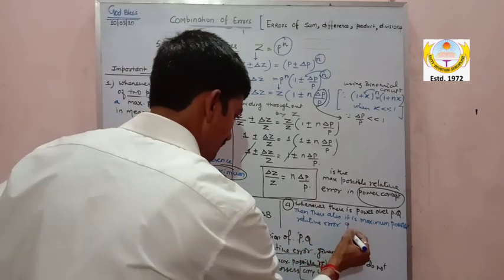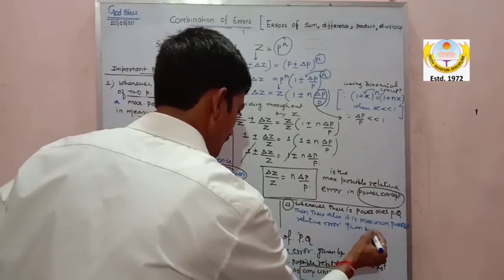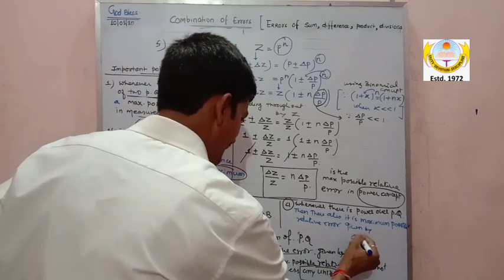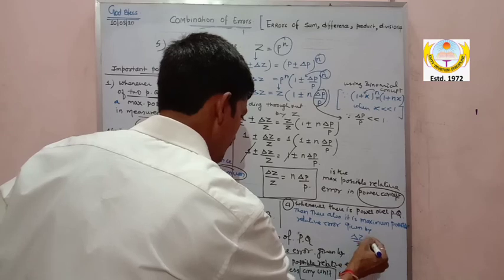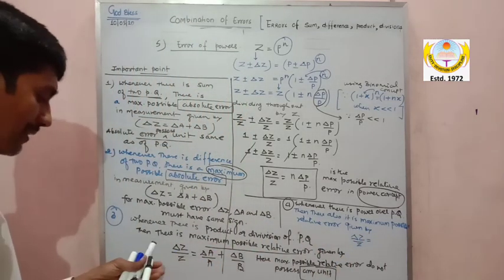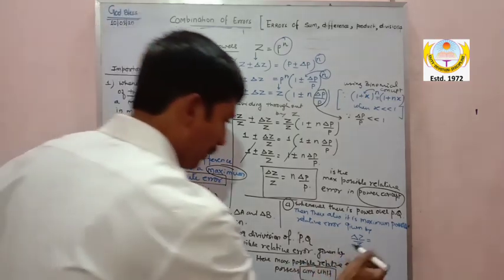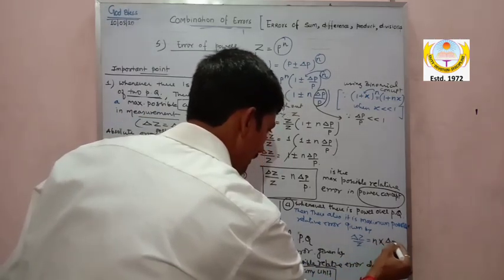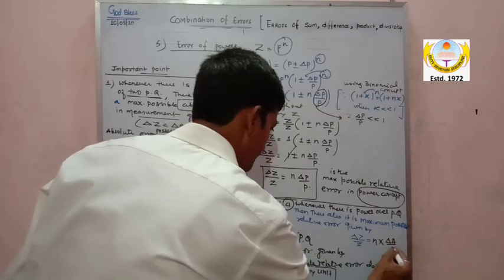Given by delta z by z is equal to n into delta a by a.